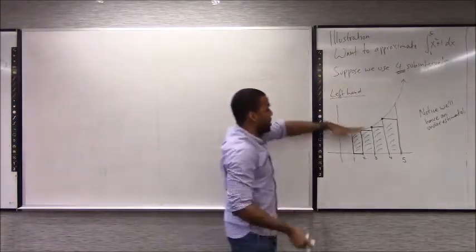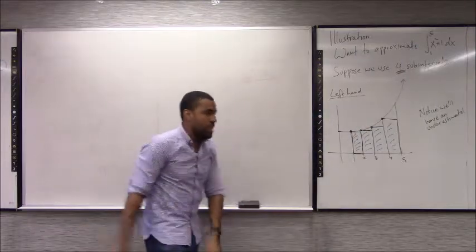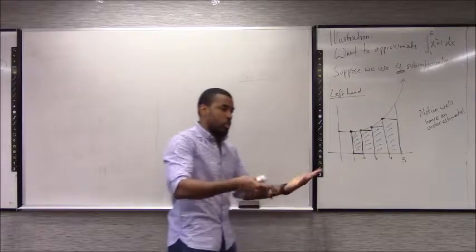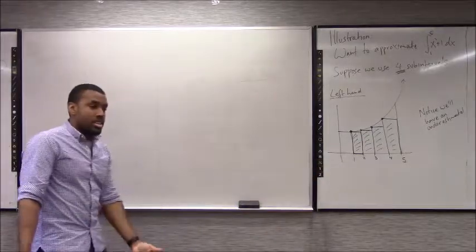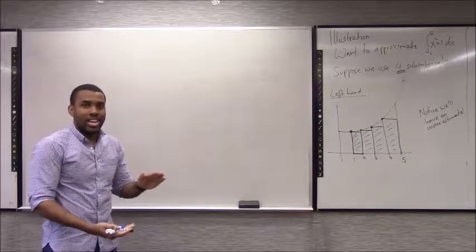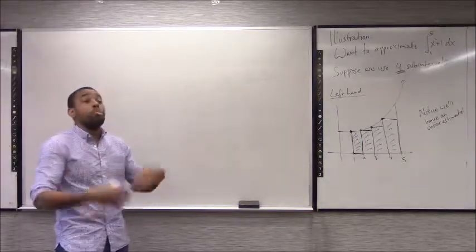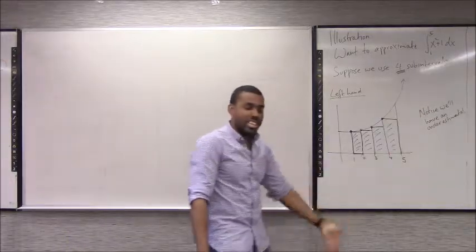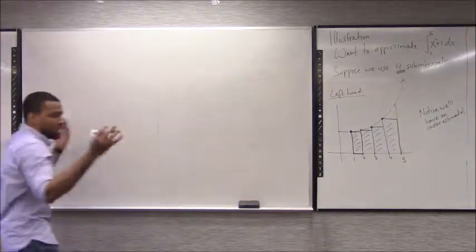You expect the amount of weight to be the area under this curve, and so you want to do some sort of approximation to choose how you're going to handle your materials. Having a bridge that can hold less weight than you expect is not a good idea. It's much better that your bridge can hold more weight than you expected. And so any technique that underestimates is probably not the one you're going to want to use.